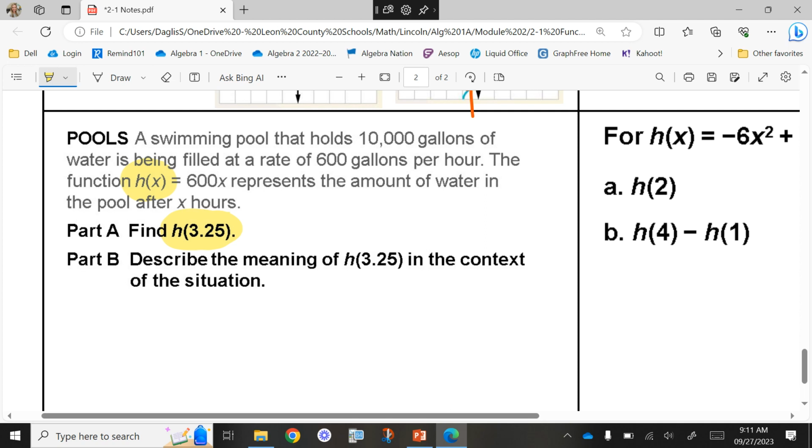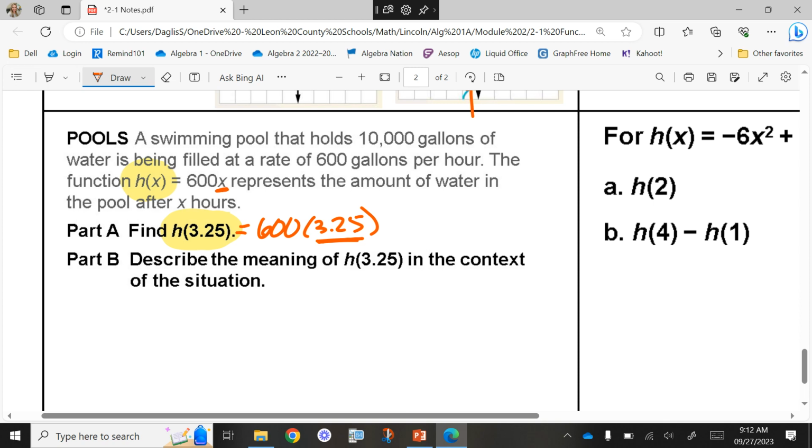So what do you think we're going to do in the actual equation? We're going to switch out the x. So instead of 600x, we're going to say 600 times 3.25. The x got switched out, so we're going to switch the x out in the actual function also. So when that x changes to a value, it's showing you what to plug in. It's showing you your input.